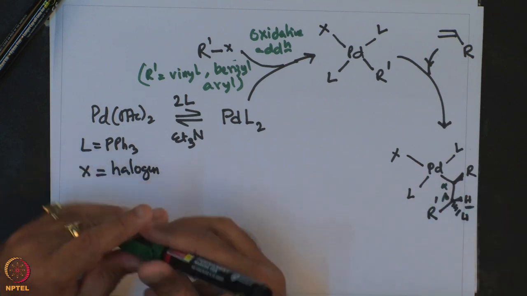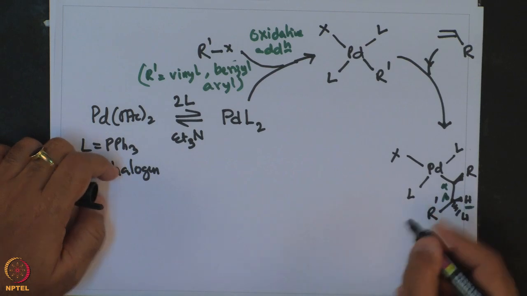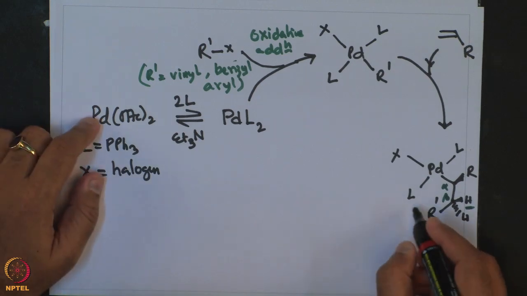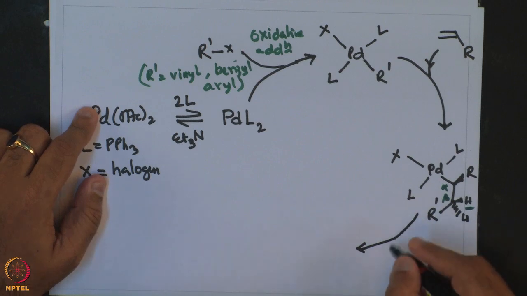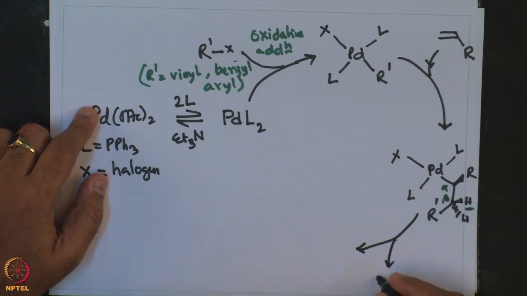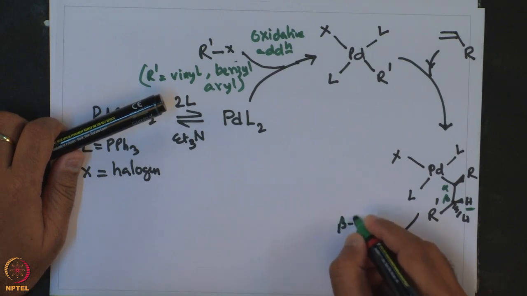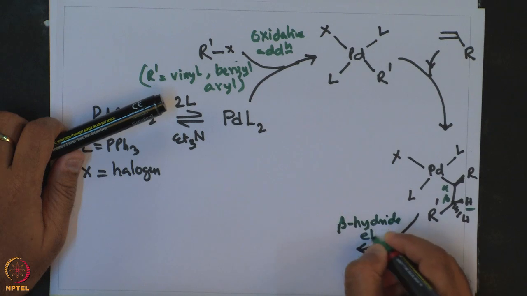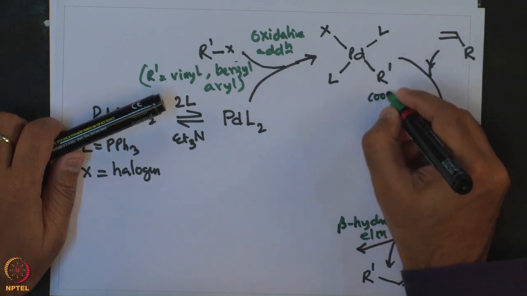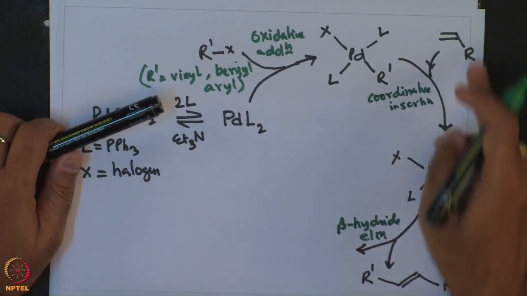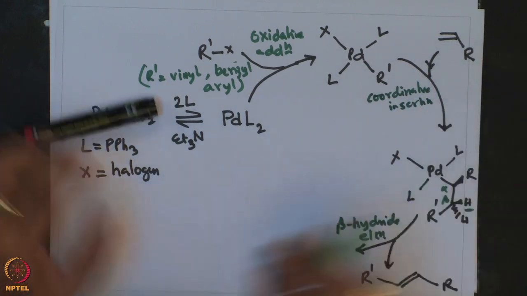So, this is the beta hydrogen and this undergoes beta hydride elimination to give this trans olefin, which is a desired Heck product, and this step is called beta hydride elimination, and this step is called coordinative insertion of olefin into palladium R bond, palladium alkyl bond.